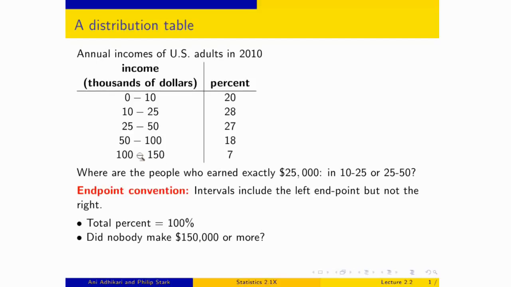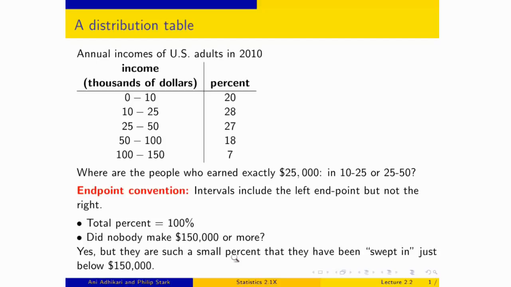That's something that's very commonly done. When you have a very small percent that are very far out from the range of the data, you may sweep them all in to your final interval if you don't want your intervals to go out that far for such a small number of people. So just be aware that in tables like this, very often that has been done for the end bar.